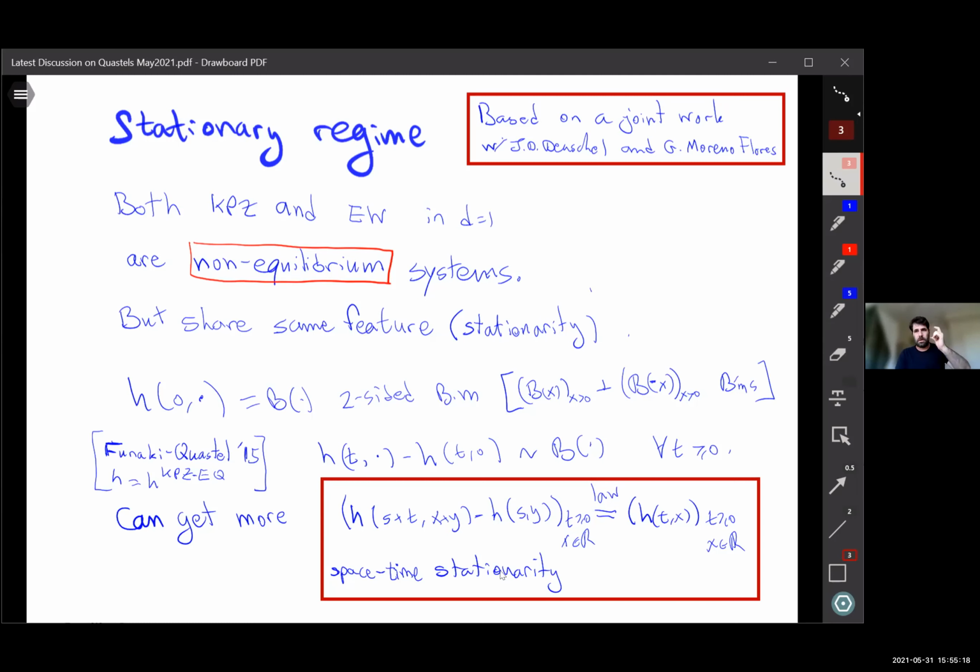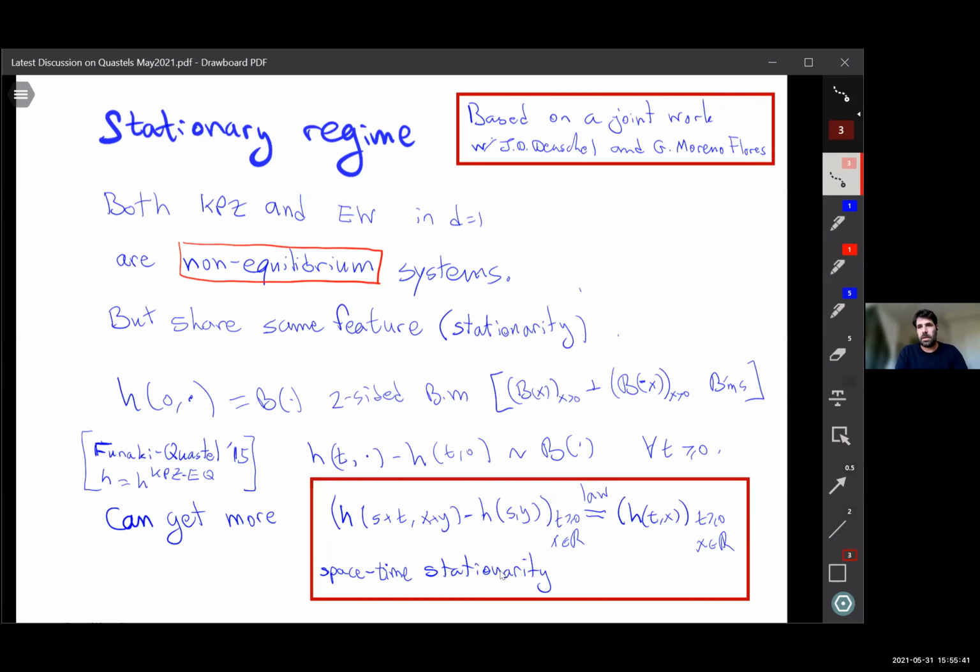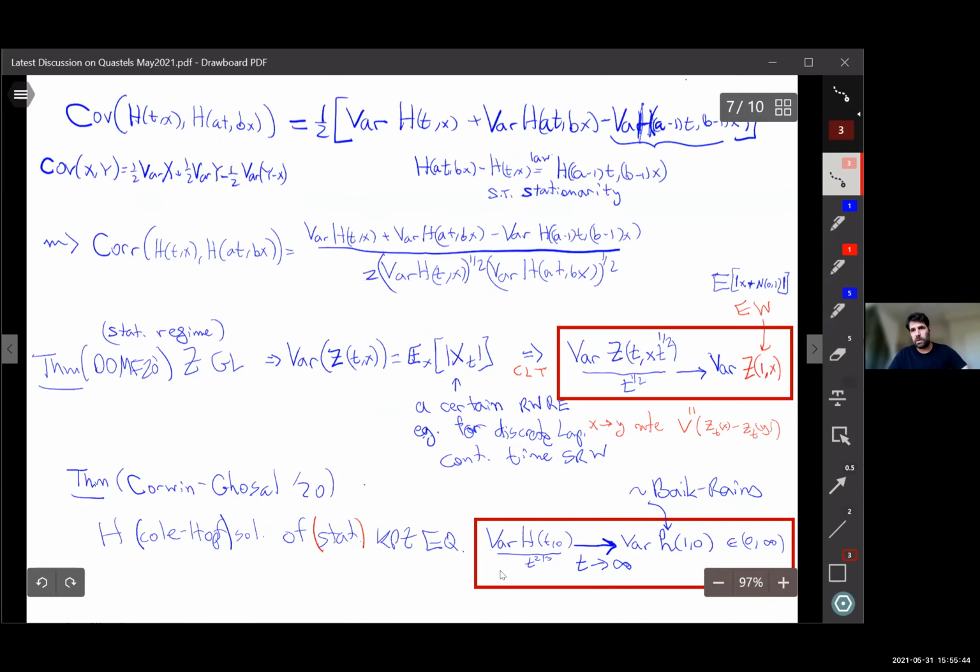And there are correlations in time. Funaki and Quastel proved that the Brownian motion is indeed invariant for the Cole-Hopf solution of the KPZ. And you can get more, you can get a space-time stationarity. So the whole future of the process, if you shift it in space and time, is stationary. And this is very useful if you want to compute correlations.